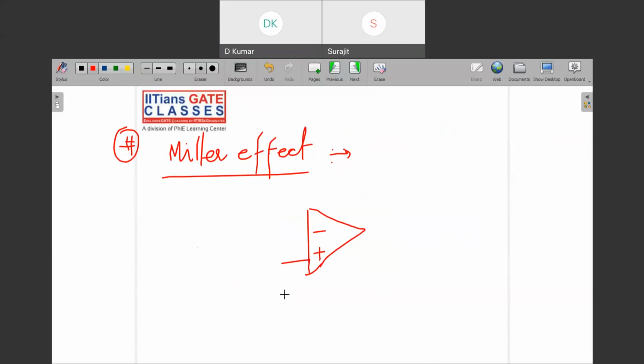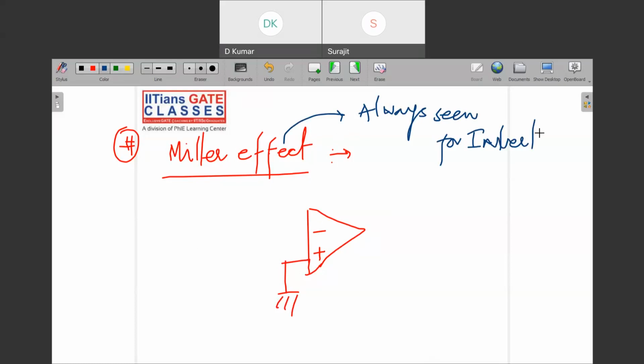The Miller effect is always seen for inverting mode, remember. If the op amp is in inverting mode, with the input connected to the inverting terminal, then only you have to look for the Miller effect. Don't try to look for the Miller effect in the case of non-inverting. This is very important.